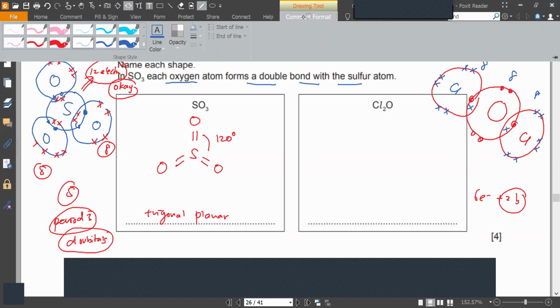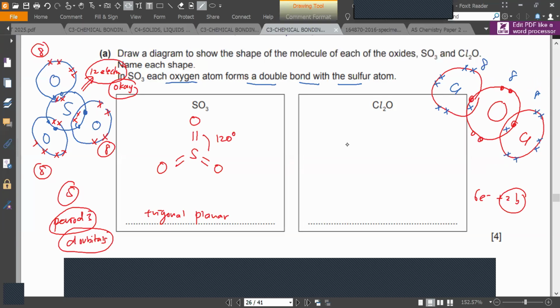So now how do we draw the structure? Oxygen, Cl, Cl, and then lone pair on the oxygen. We have the lone pair on chlorine, but it does not affect the shape because it's not on the central atom. Even if we have the lone pair on the oxygen, it doesn't matter.